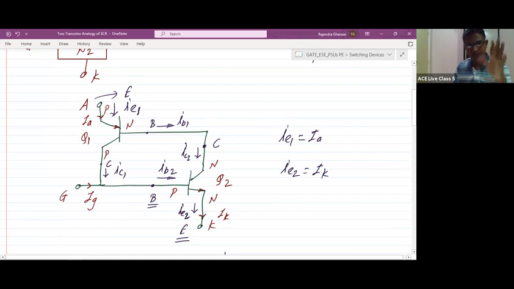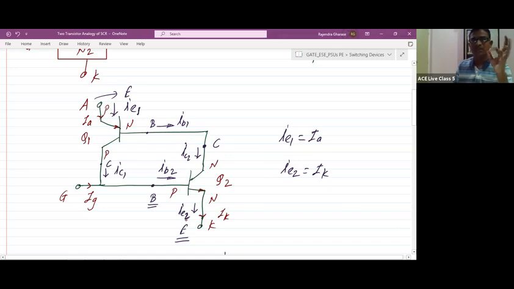Ideally 0, but practically a very small value because SCR is in an off state. So these two transistors also will be in the off state. Gate current is 0, SCR is off, so this transistor is off and this transistor is also off. That's why currents IE1 and IE2 are nearly equal to 0.